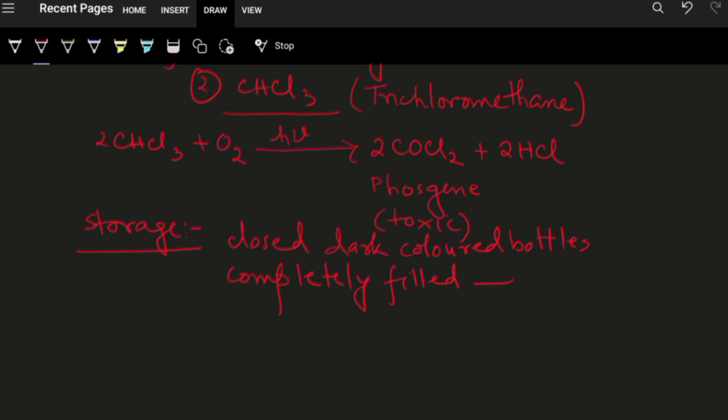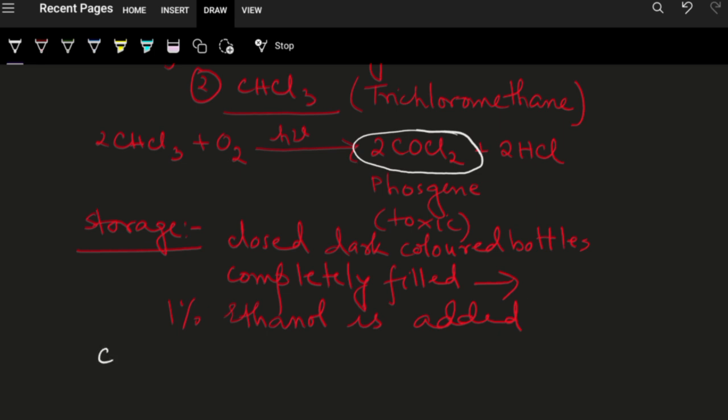At times 1% ethanol is also added to it. Now, why is this 1% ethanol added? Because if phosgene is at all produced, this phosgene will react with the ethanol. COCl2 is phosgene. It reacts with ethanol, C2H5OH, to produce a non-toxic compound which is known as diethyl carbonate.